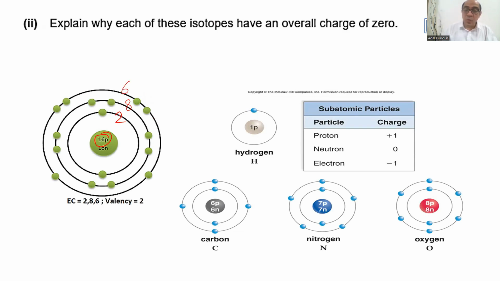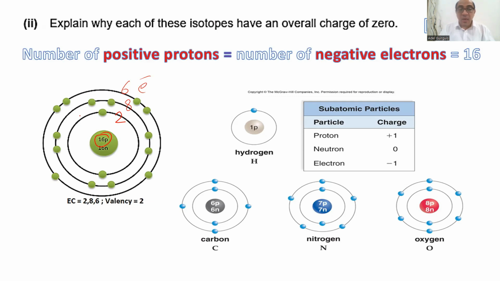So 2 plus 8 plus 6 equals 16 electrons with negative charges. What about positive charges? 16 protons. Both protons and electrons are equal, 16. The number of positive protons equals the number of negative electrons.